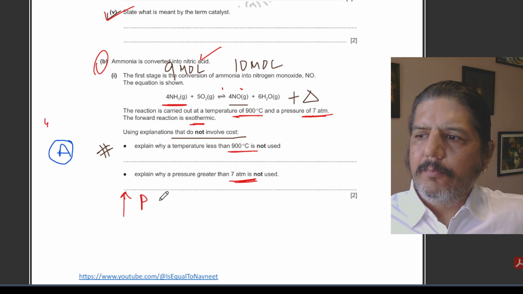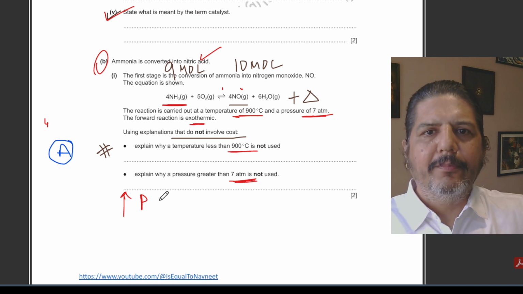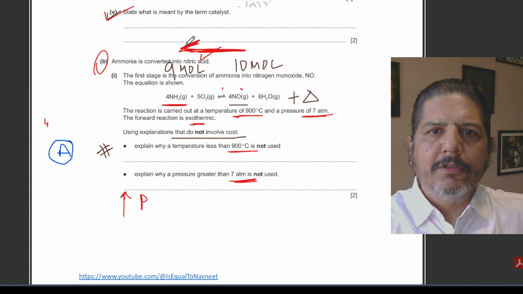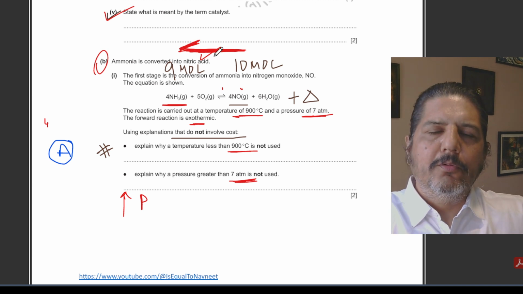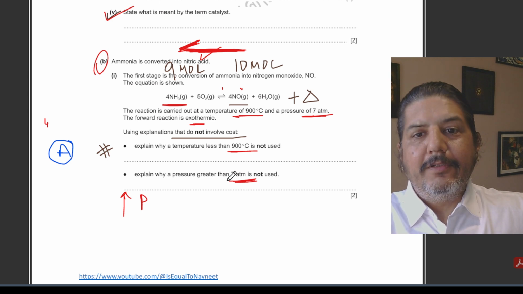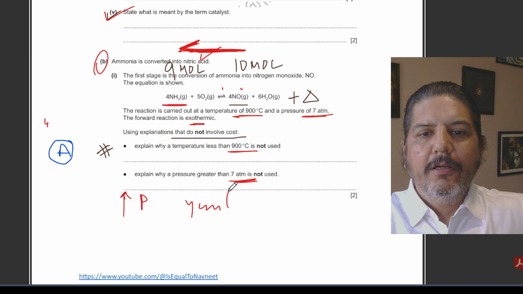How the system can oppose this increase of pressure is by moving in a direction where less number of moles are being generated. Now, less number of moles are generated when the system moves in the backward direction. If you see, if it moves in the backward direction from 10 moles, it goes to 9 moles. So what will happen is if we increase the pressure, the yield of nitrogen monoxide will be less.